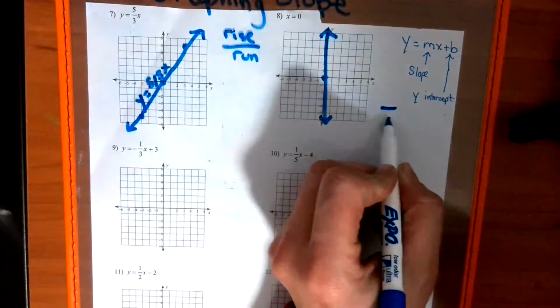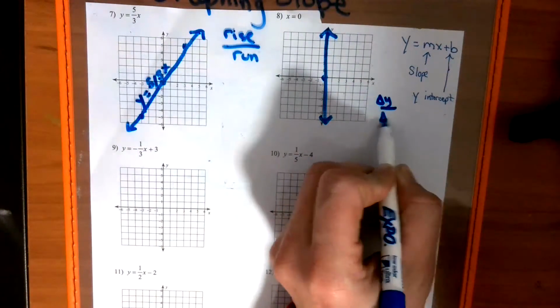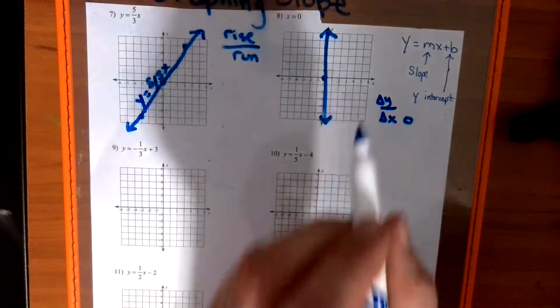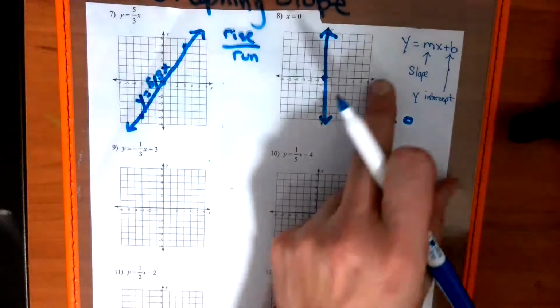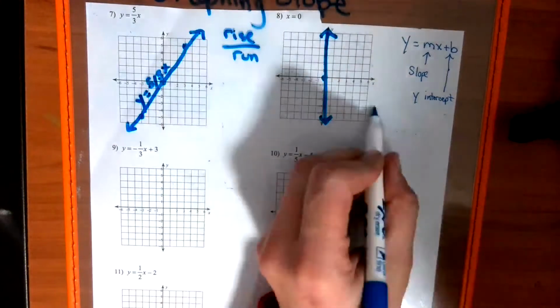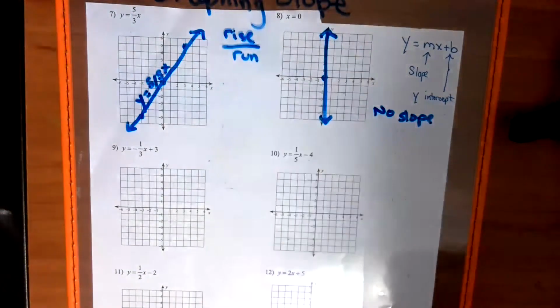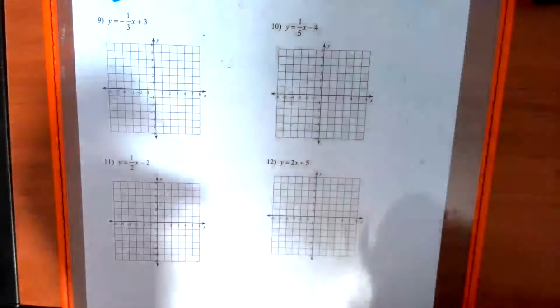So remember, the x is on the bottom because it's the change in the y's over the change in the x's. So if the x is 0 on the bottom, that means it's undefined. So that's a no slope situation. Some people say, oh, it's undefined. It is not 0 though. It's a no slope.